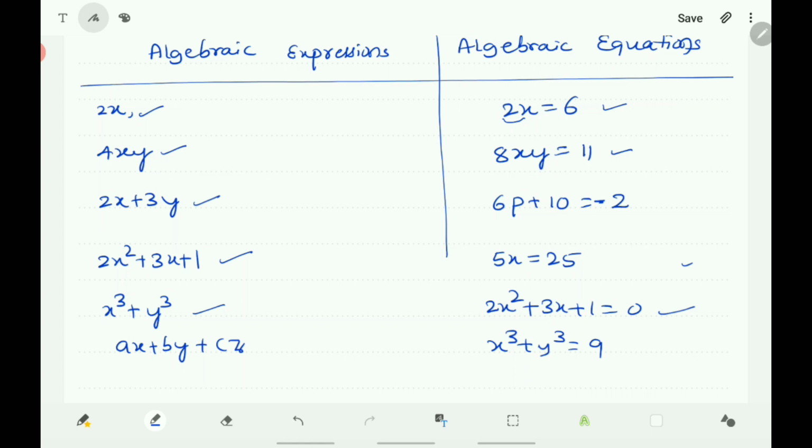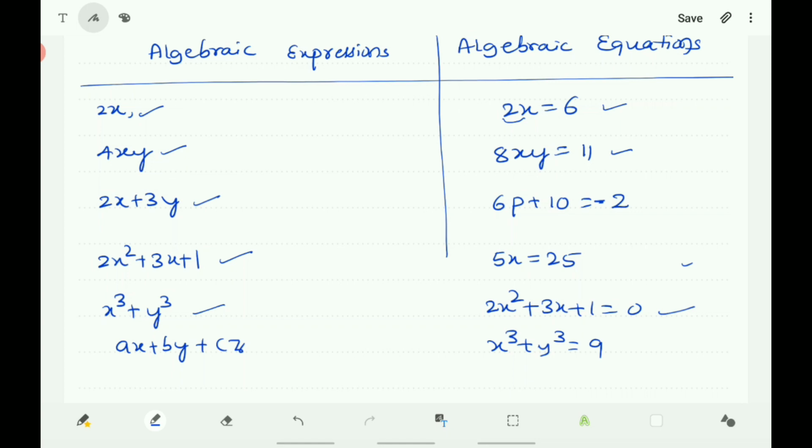But here the chapter is linear equations in one variable. So we have to consider one variable, and it must be a linear equation. Only one variable must be there, and it must be linear. You know that a linear equation or linear expression means the highest power of the variable must be equal to 1.